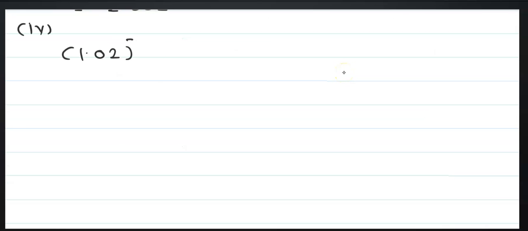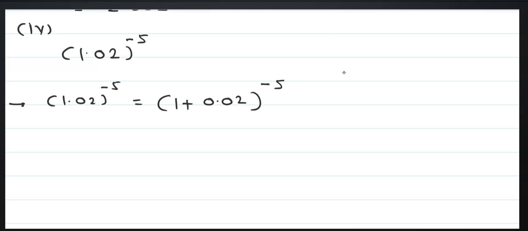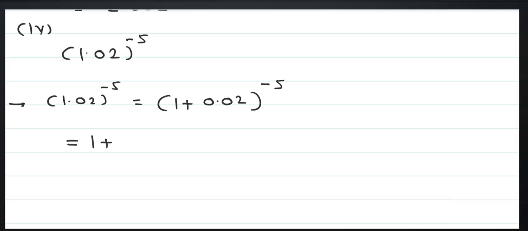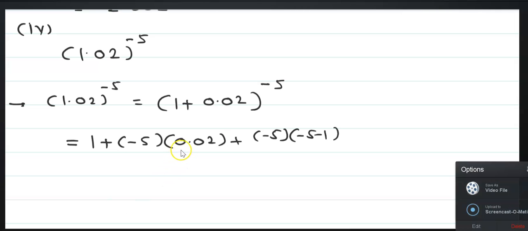Next is the fourth one, that is 1.02 bracket to the minus 1 by 5, and this can be written as 1 plus 0.02 bracket to the minus 5. It is 1 plus minus 5 into 0.02, plus minus 5 into minus 5 minus 1 upon 2 factorial into 0.02 bracket to 2.